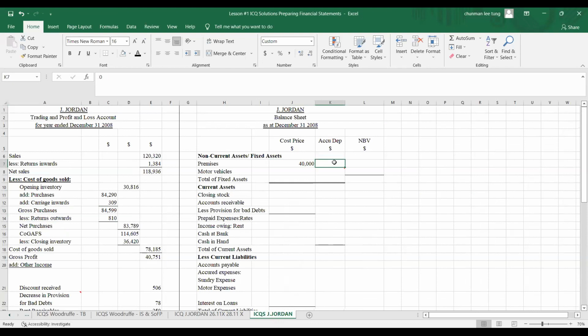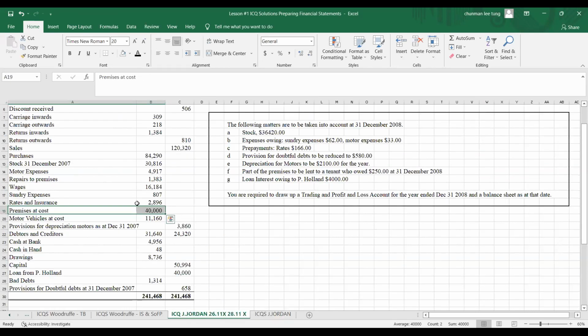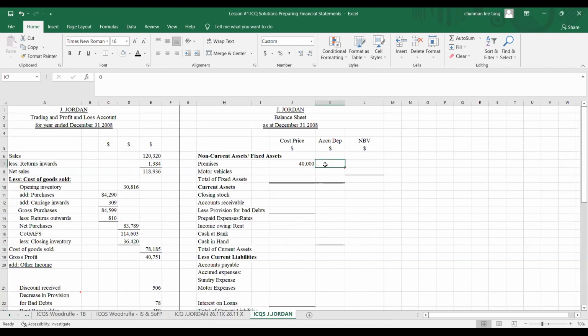What is now our accumulated depreciation? Within accumulated depreciation for premises, over there, did they say anything? Depreciation is only for motors, nothing for anything provision for depreciation, nothing else for premises. So we should know that this should be 0.